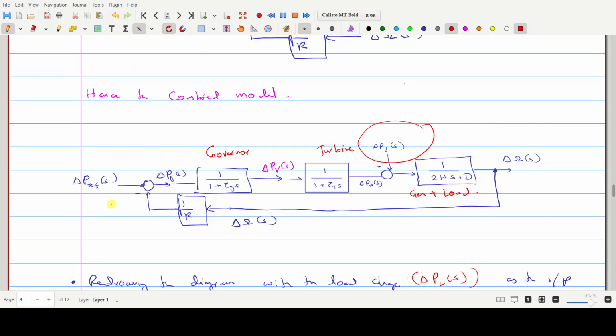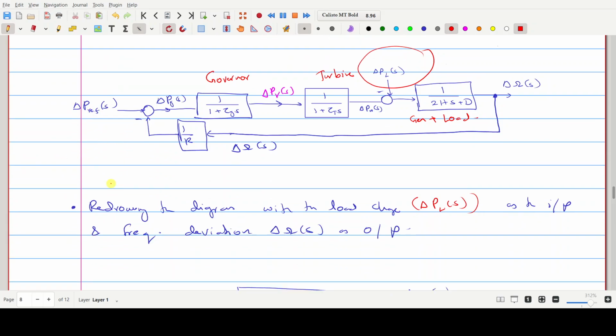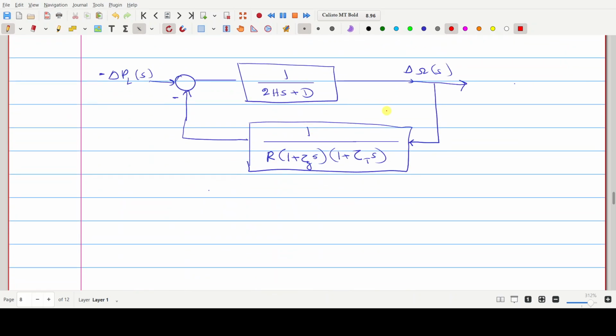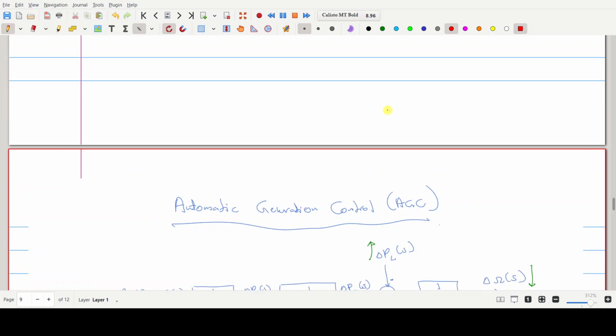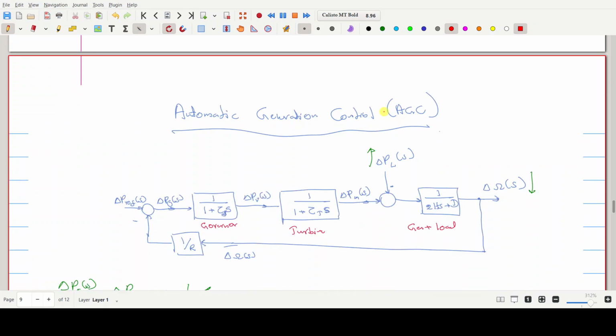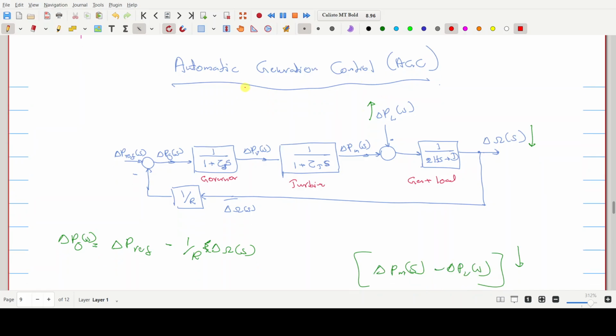So when we have set the reference point, if the power generation varies from this reference point, what will happen to the speed? Okay, and so with that we will discuss the control strategy called the automatic generation control.